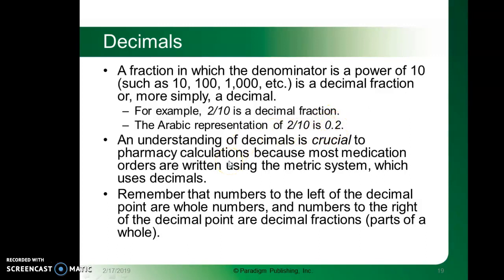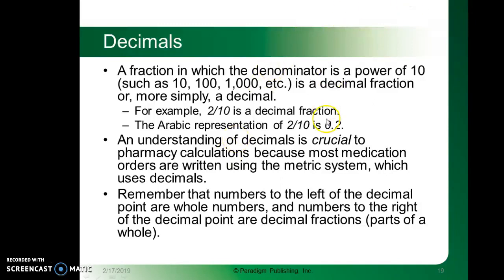An understanding of decimals is crucial to pharmacy calculations because most medication orders are written using the metric system, which uses decimals. Remember that the numbers to the left of the decimal point are whole numbers, and the numbers to the right of the decimal point are decimal fractions, part of the whole.